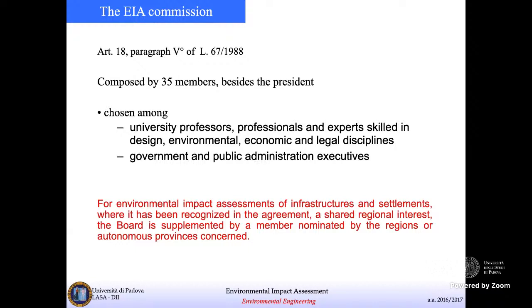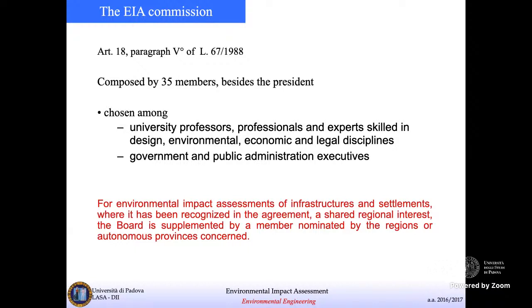Initially, this commission was composed of 35 members, besides the president, who is usually the Ministry of Environment. These members are chosen among university professors, professionals, and experts skilled in design, environmental, economic, and legal disciplines, government and public administration, and executives.